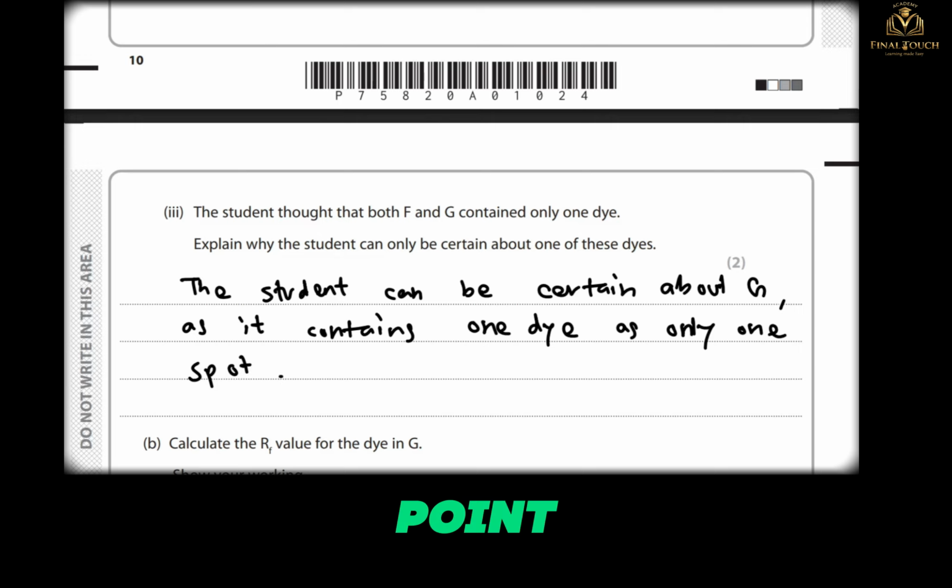So that's the first point. And the second point you can write also F has not moved. So therefore the student can be certain about G.